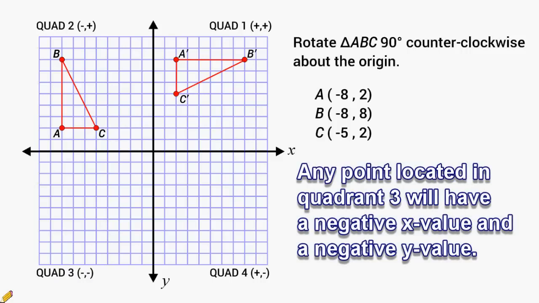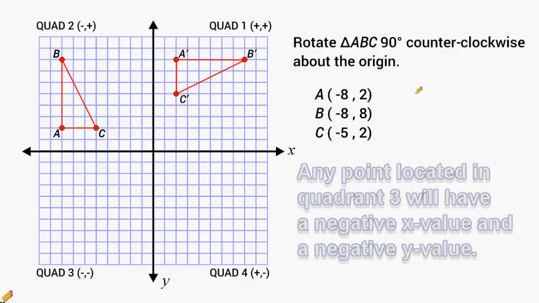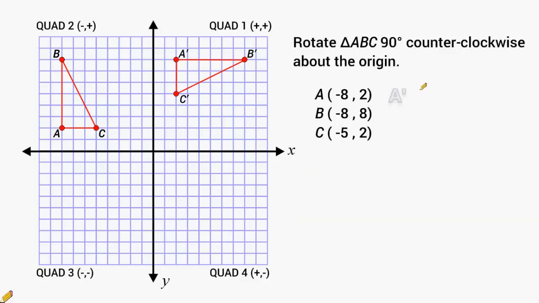Okay, first with any 90-degree rotation, remember we just switch around the absolute values of our x and our y value. So our point was at -8 and +2, so we take those absolute values and switch them around to be 2 and 8. And because this point is located in quadrant number 3, we have to make sure that both the x and the y value is negative.